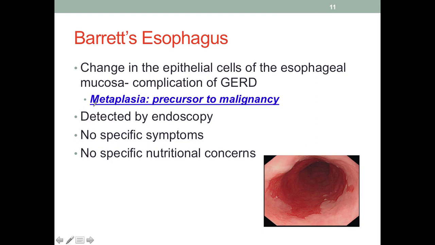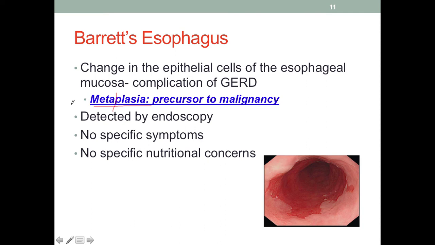This is a condition we call metaplasia. So we can see here, meta means change. So this indicates that the cell type is changing. If we review Chapter 9 on cellular response to injury, metaplasia is one of the responses.